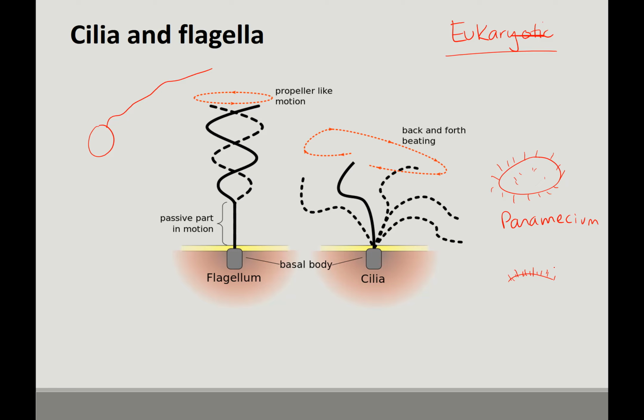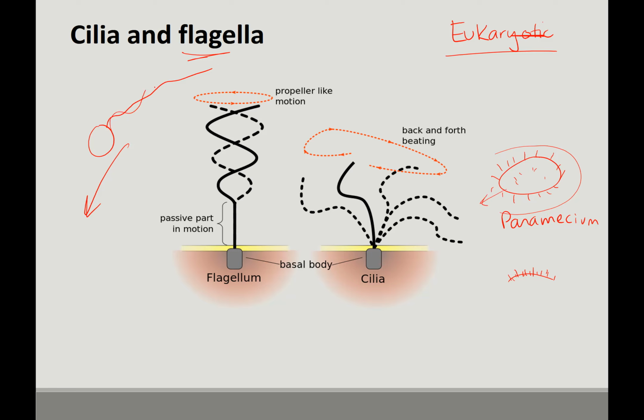Besides being different in size and different in numbers, their movement function is a little different. Flagella are used to move the cell. Cilia are actually used to move the environment, which ends up moving the cell.